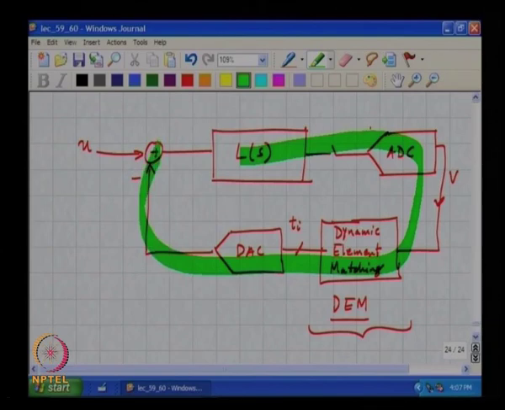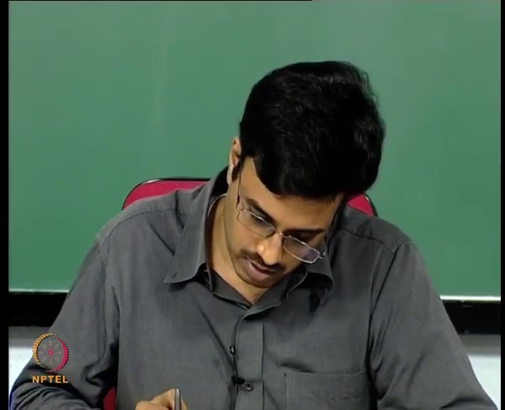That might be small when you are operating at low sampling rates, but can become a problem if you are trying to realize very high speeds, and the delay of this may become a significant fraction of the clock cycle. Does it make sense? All right, thank you.